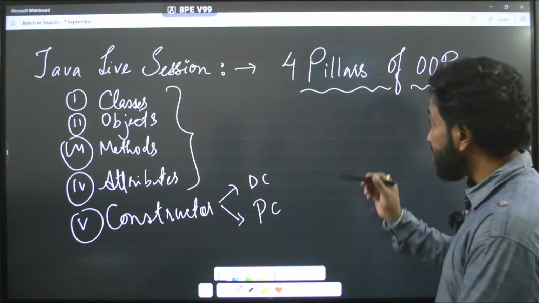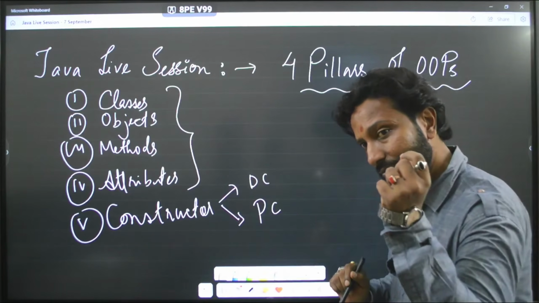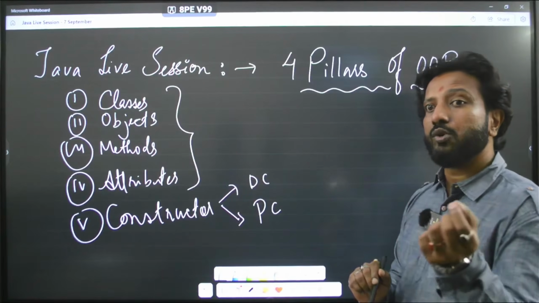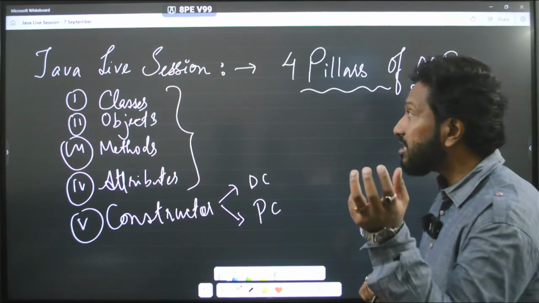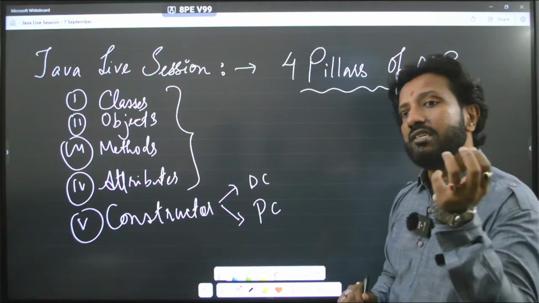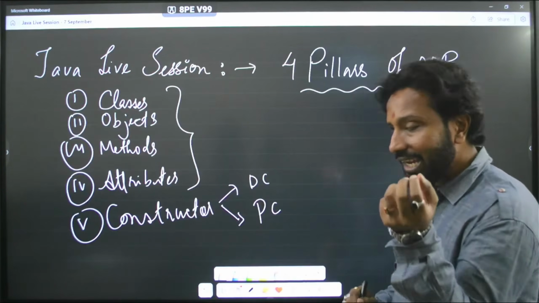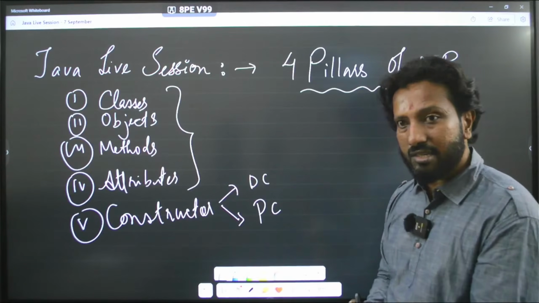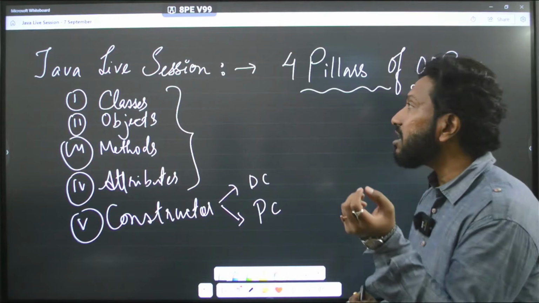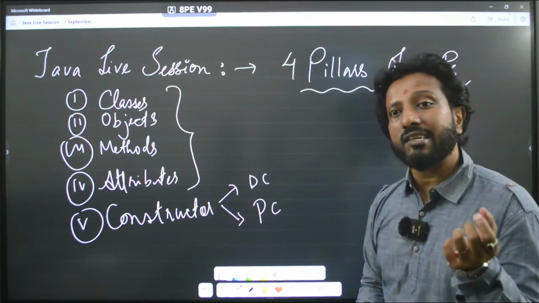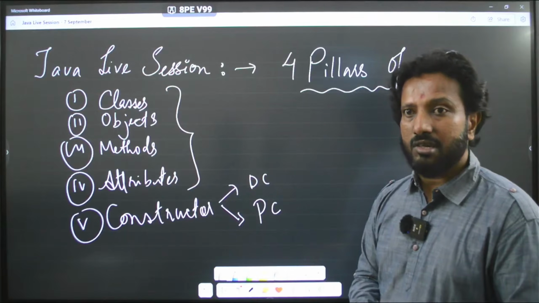Fine. So as I said, the 4 pillars of object oriented programming. Why are they so important? Because these 4 pillars give security, scalability, robustness, efficiency and lots of other attributes to a programming language. Okay.